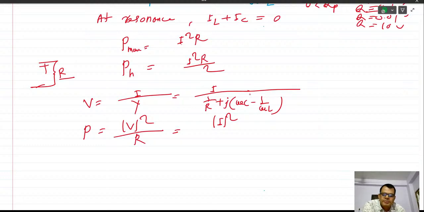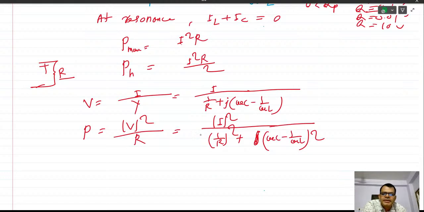When the supply has zero phase, then I magnitude square is the same as I square. This is the square, so 1 upon R square plus (omega C minus 1 upon omega L) square.